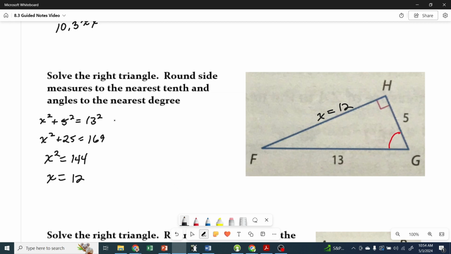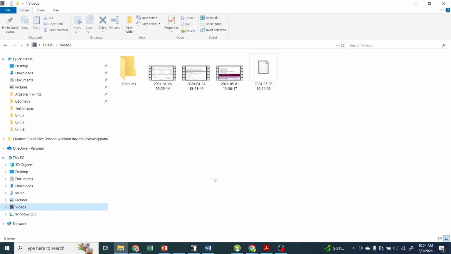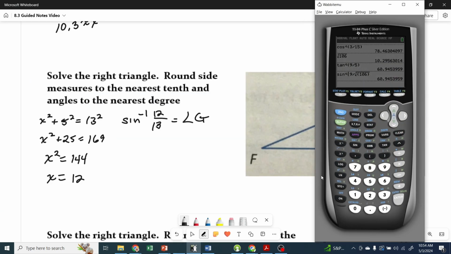So the sine -1 of 12 over 13 equals angle G. So get our calculator out here, second sine -1 of 12 divided by 13, and I've got 67.38.